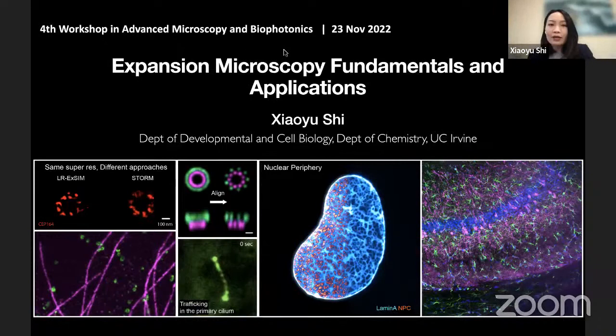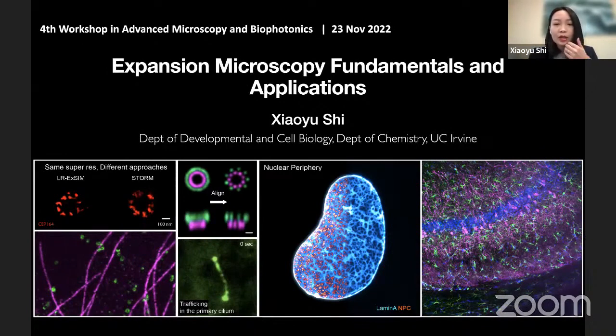So before I started my own group, my work was focusing on the optical approaches to achieve super resolution microscopy. And ever since, I started to do more combination of the chemical approaches and the optical approaches.